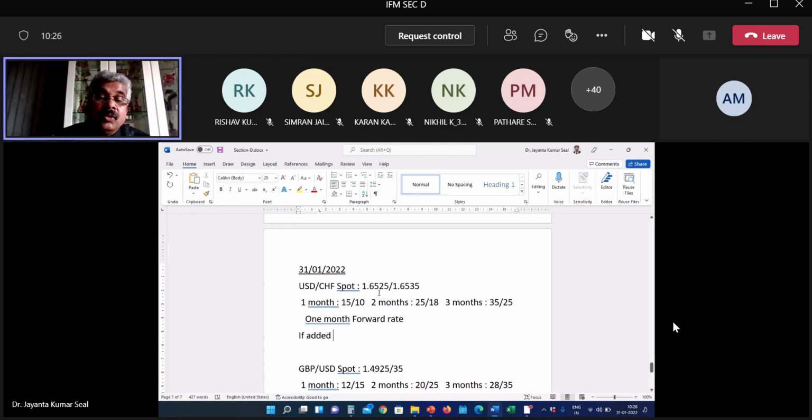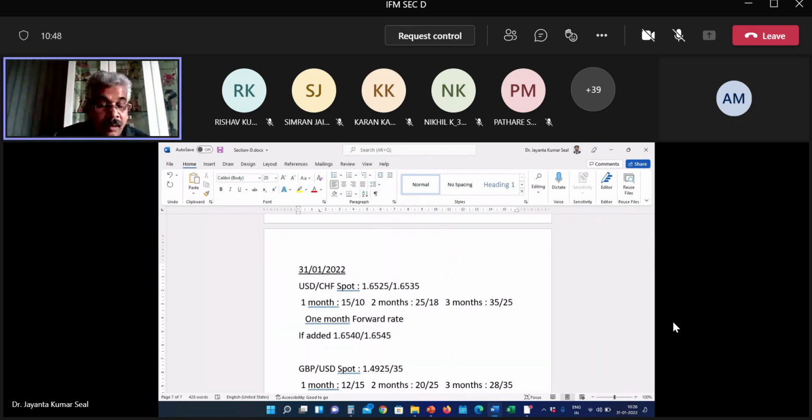These two swap quotes will be added to the last points or last pips. So if added, it will be 1.6525 plus 15 is 40 and 1.6535 plus 10 is 45.